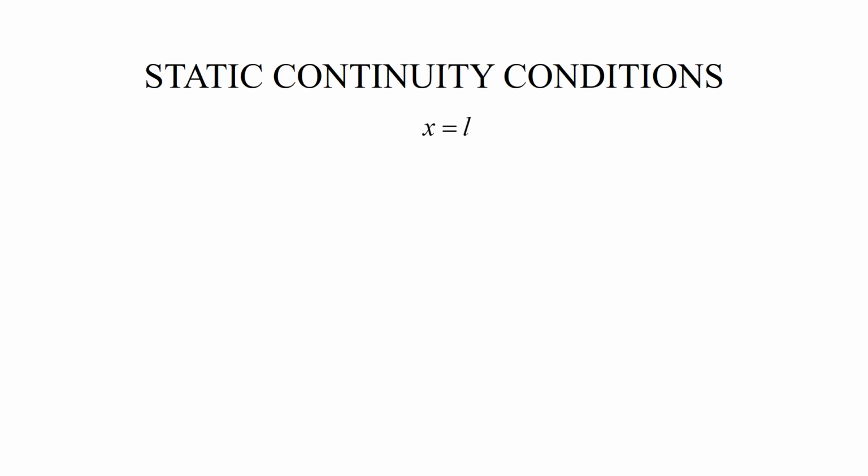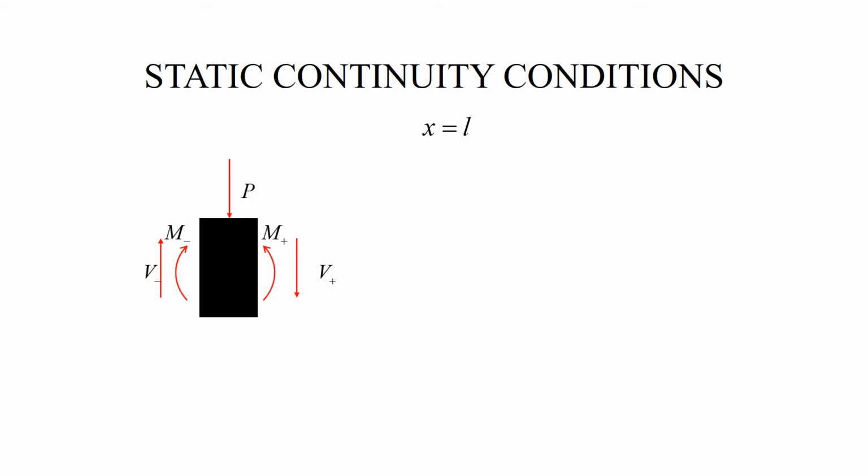Static continuity, still x equal to L. And now I show a free body diagram for a small element delta x centered at the midpoint. Actually, this free body diagram was used in the past when we talked about shear force and bending moment diagram and were concerned with the jump conditions. So let us explore this.